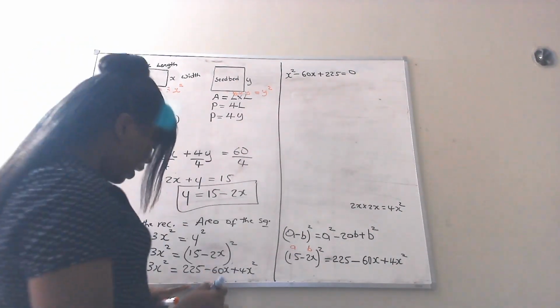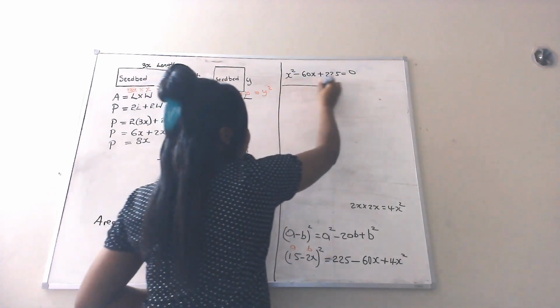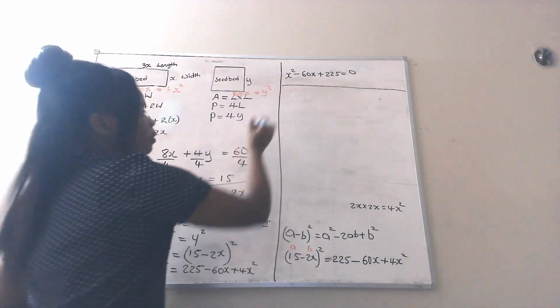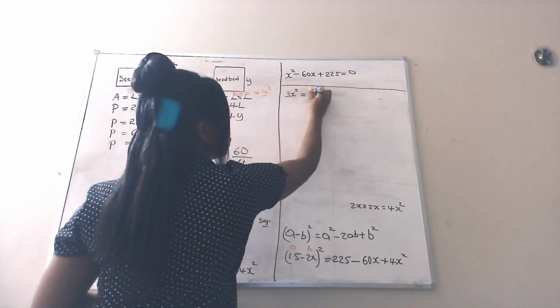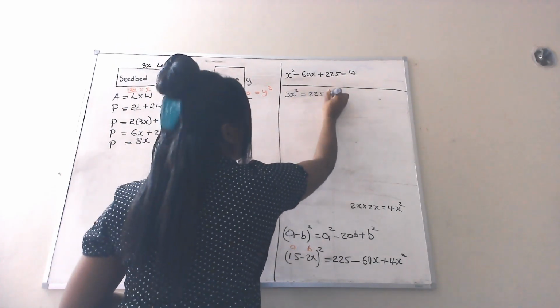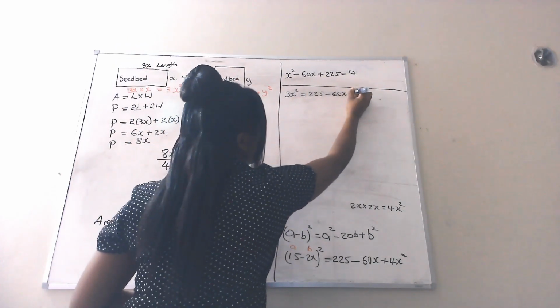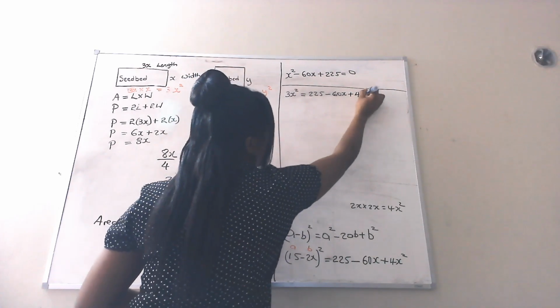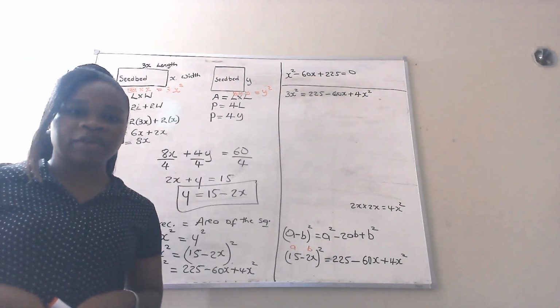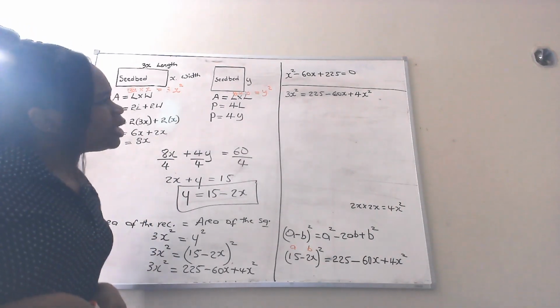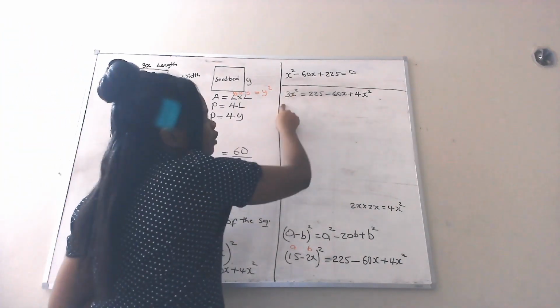So I'm going to rewrite what I have down here so you can see it better. 3x squared is equal to 225 minus 60x plus 4x squared. So now we're going to equate everything to 0. We can do so by simply bringing over this 3x squared.